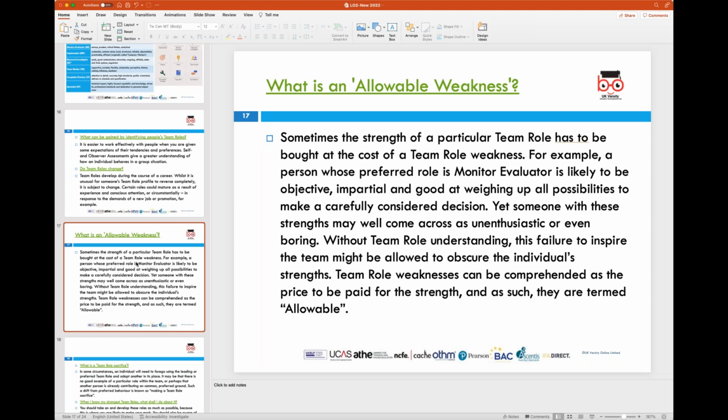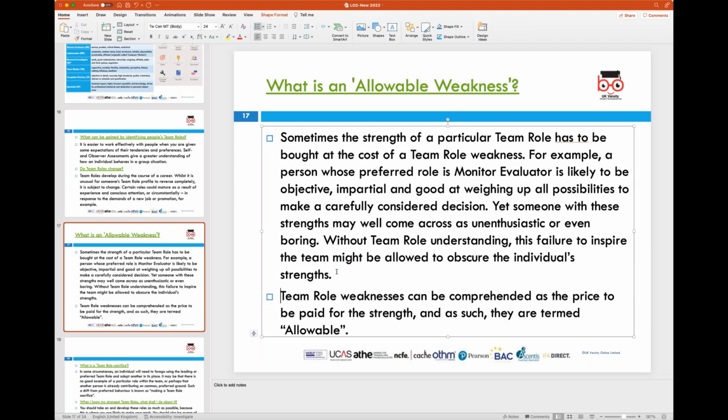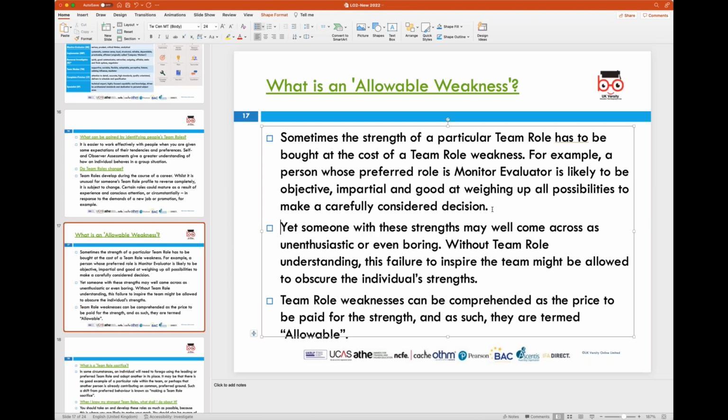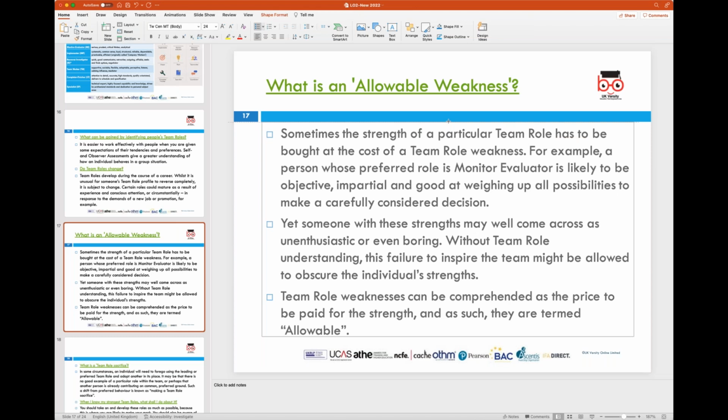So in order to address that, he came up with the term that yes, team roles can have an allowable weakness, which means at some stage there could be people working within the team who are contributing to the achievement of the overall goal and objective, but that would be commensurate to the amount of pay they get, for example.